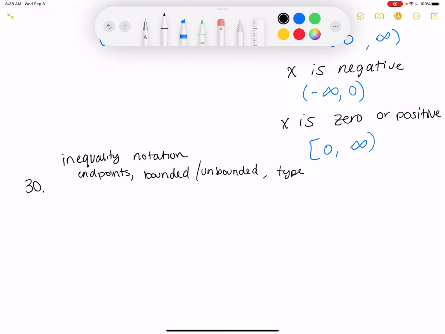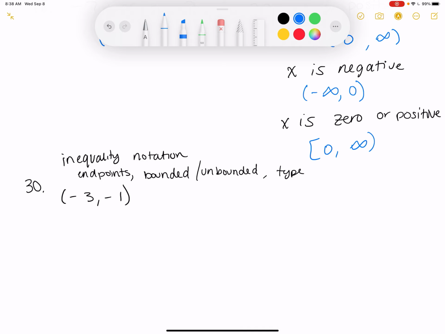So with this one, we're given -3 to -1. Is it like endpoints on the y and x axis? No, this is an interval. It's saying that everything between -3 and -1 is in this interval, like -2, -2.75, -1.33. Anytime, we first want to convert it to inequality notation.